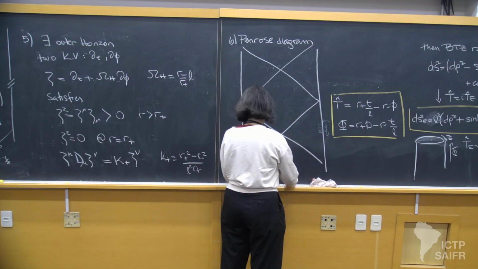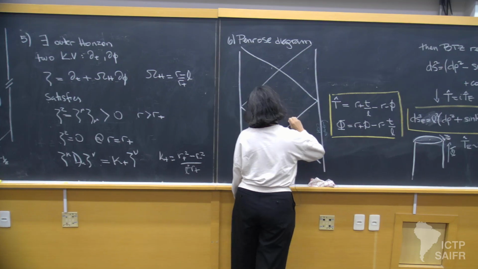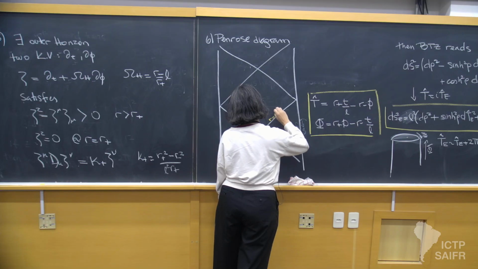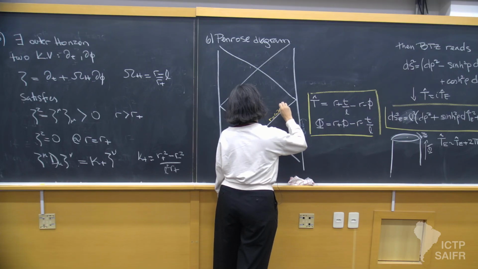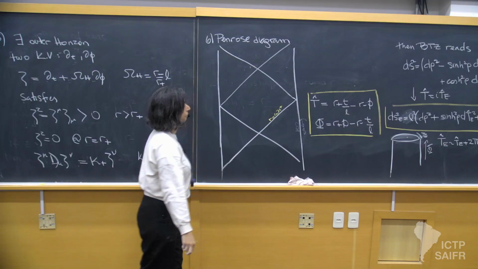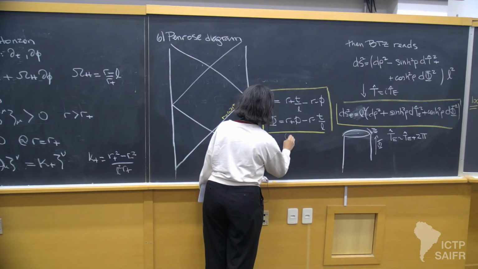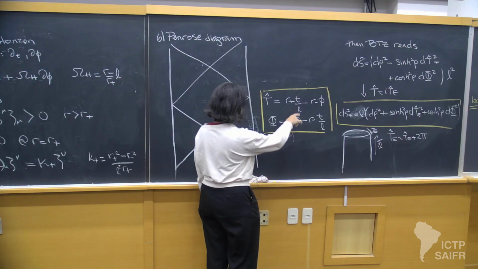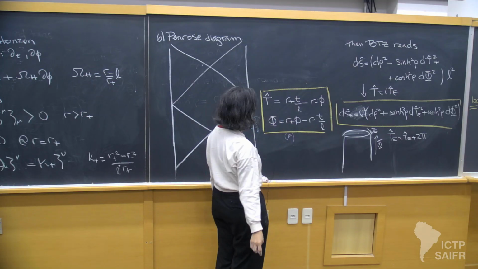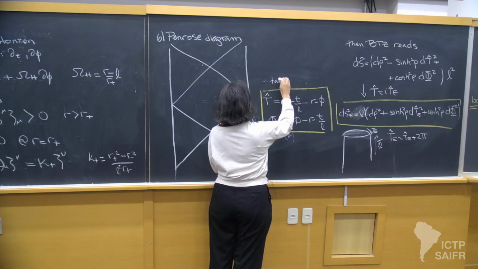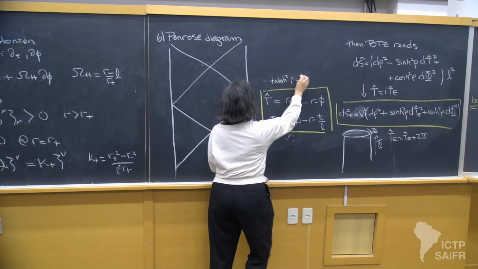And this horizon is this diagonal line, so this is r equal to r₊, what we call H₊. And in these coordinate transformations that I wrote, there was a tanh ρ equal to r₊.